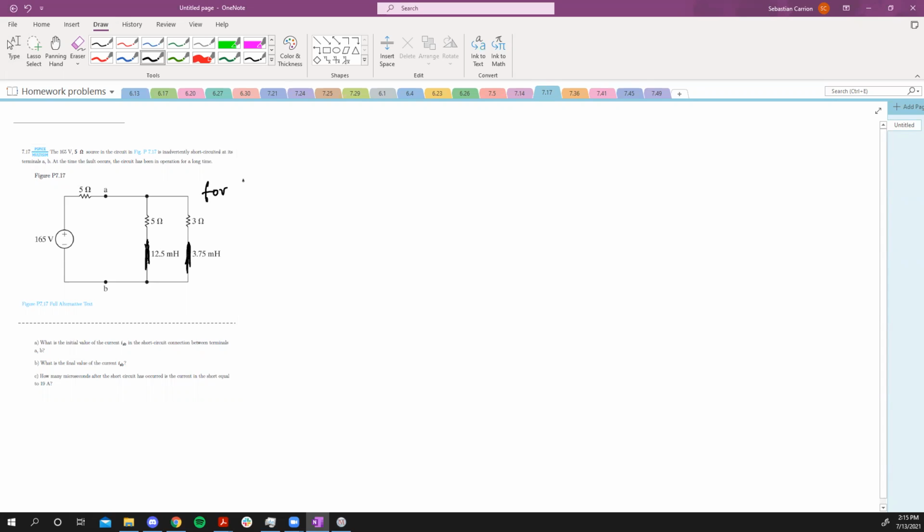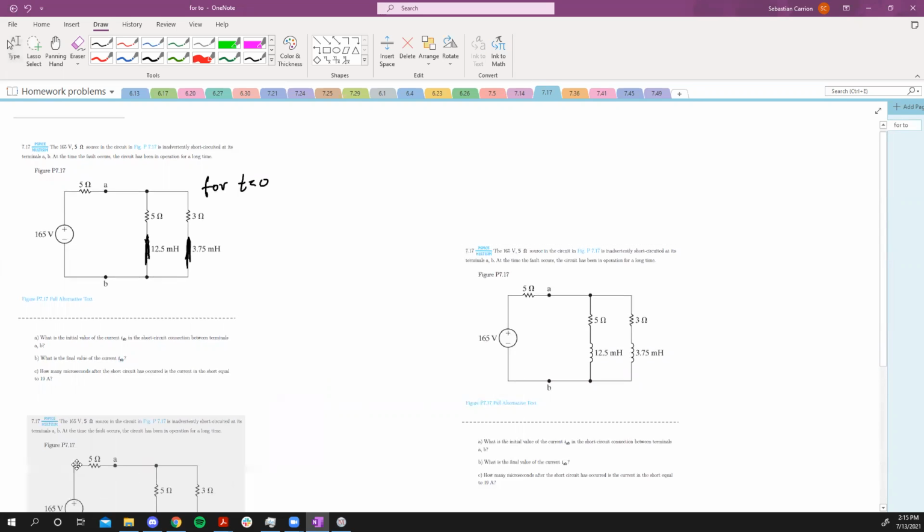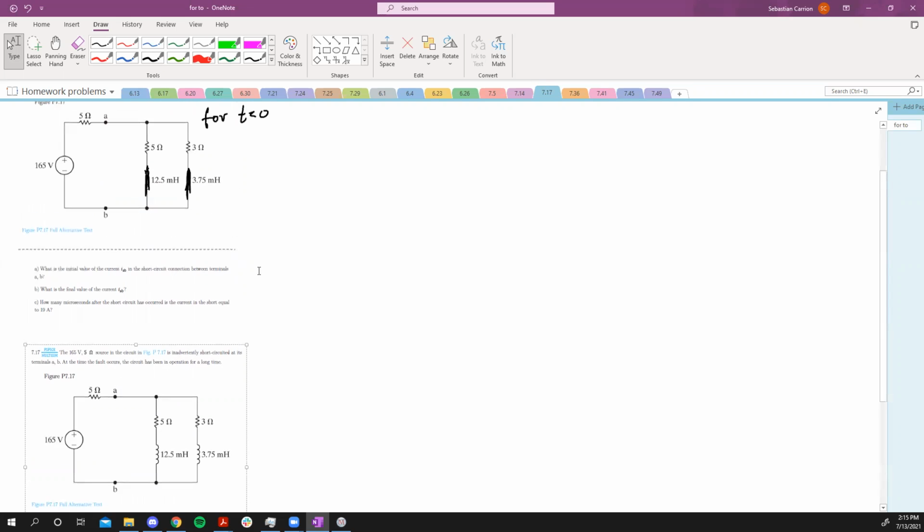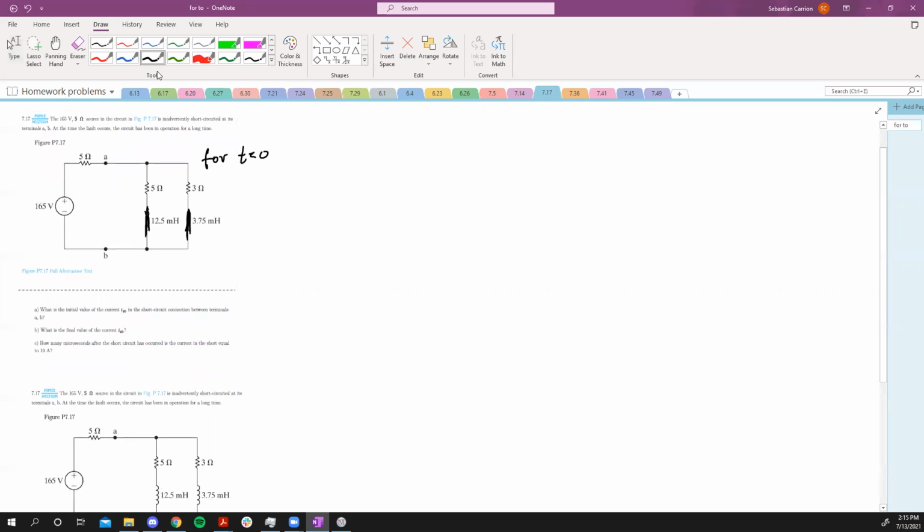For t greater than 0, we're going to do another circuit. It says, what is the initial value of the current IAB, the short circuit connection between terminals A and B?